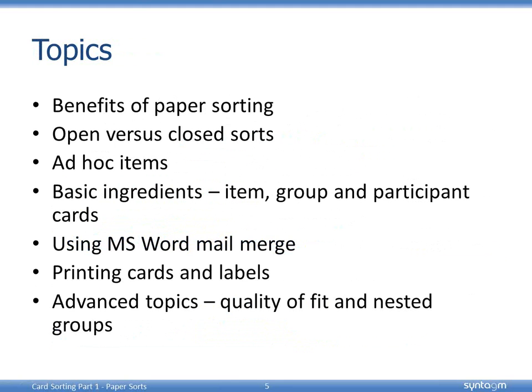And then finally looking at a couple of advanced topics that I talk about in both the interactions article I mentioned, the one called Playing Your Cards Right, and also in the Interaction Design Encyclopedia article, something that I refer to as quality of fit, which is where we allow participants to say how well each item fits in the group they've placed it, which has some benefits we'll talk about later on, and also a fairly new facility.